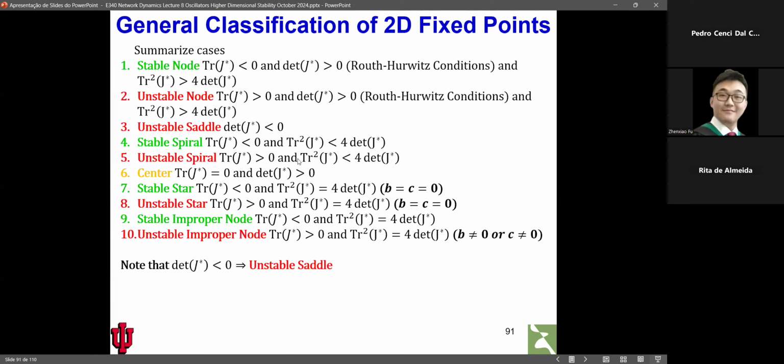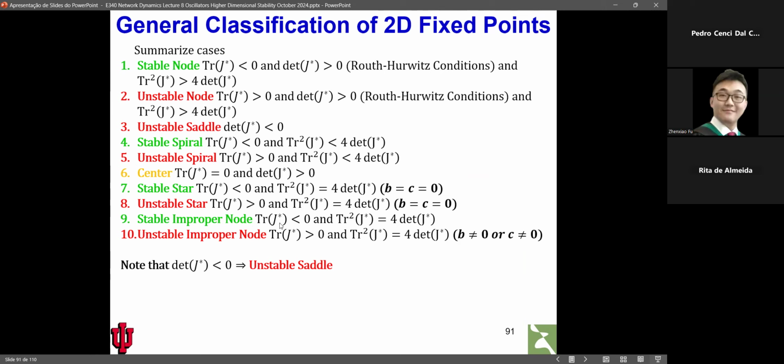And if you have the trace equals 0 and determinant larger than 0, then you have a center. If you have a stable star, because they are equal, then things just come into the fixed point, and unstable star if they go away.